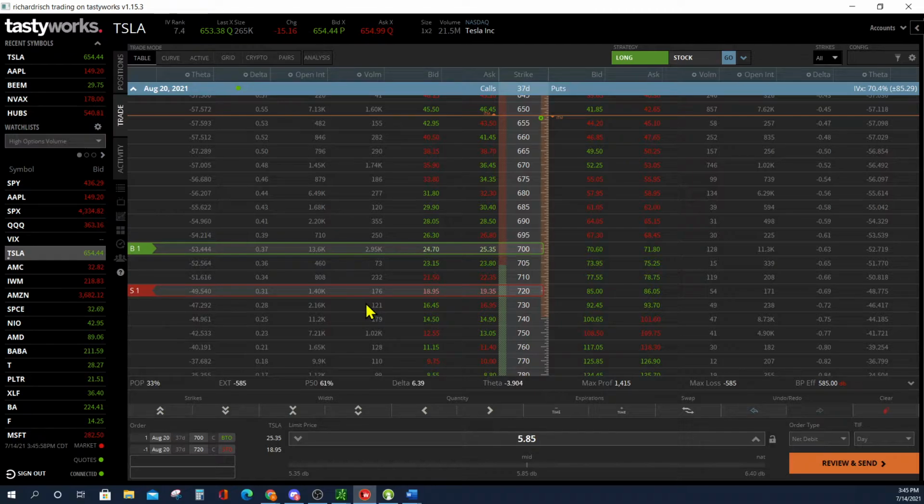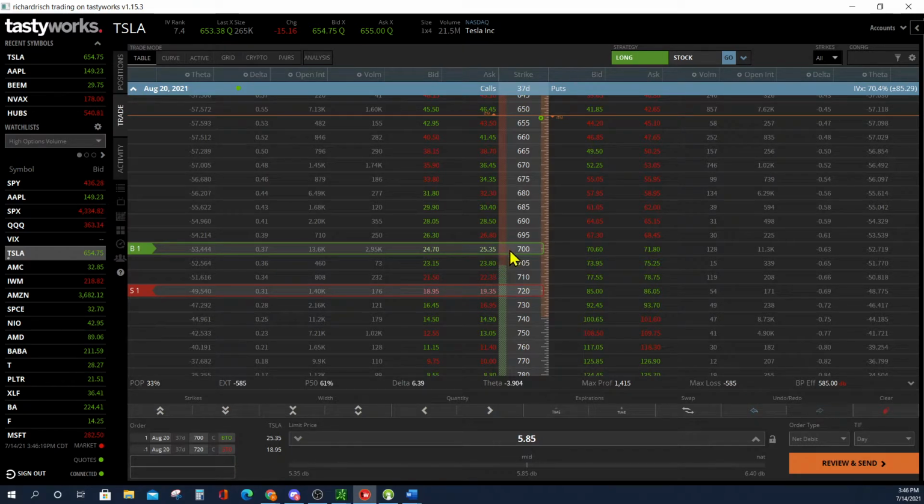Now understand, this particular short strike here at 1895, it's going to require you almost $1,900 to close that in the morning. So that's why it's really hard to play these high price ticks, $653 tick, unless you want to go further out of the money.